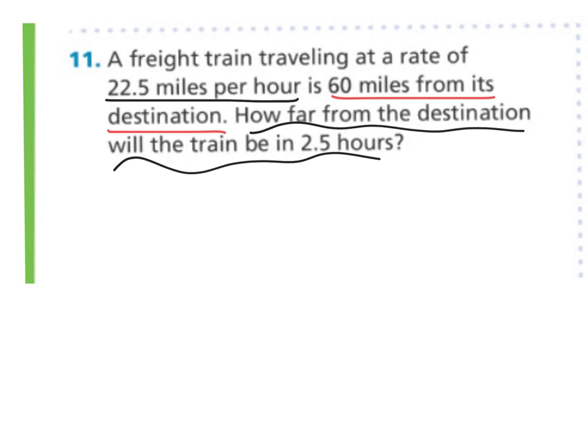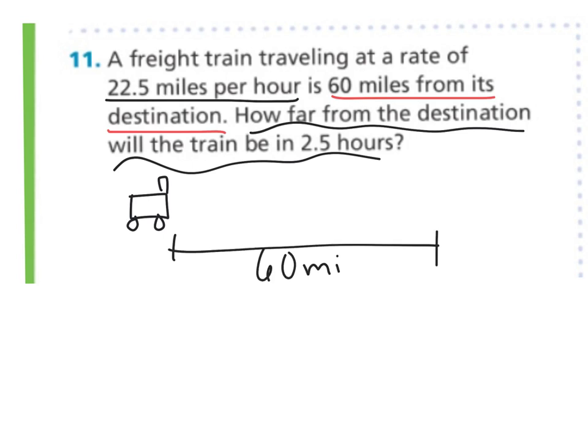Okay, so what we want to think about is we have this train, it's 60 miles away from where it's trying to get, and it is going towards its destination, 22.5 miles per hour. So we're trying to figure out how far it's going to be away in 2.5 hours.